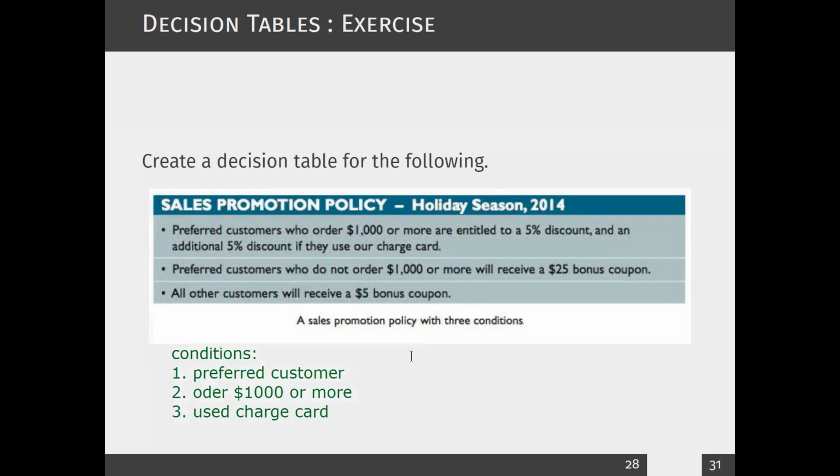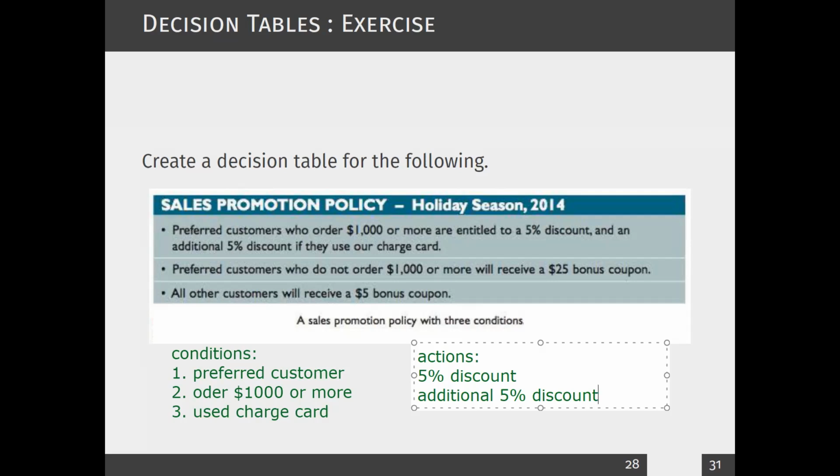What are the actions? The outcome. If they are a preferred customer and have ordered $1,000 or more, then you will get a 5% discount. So the 5% discount is one action. And if they have used the charge card, an additional 5%. So the additional 5% is another one.